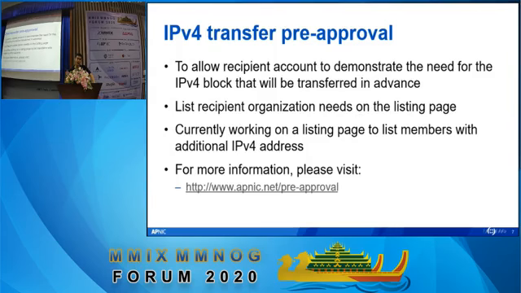So anyone who has additional IPv4 addresses and is willing to transfer to your organization will come to this page and they can then contact you. They actually contact APNIC, and we can then pass on their contact details to you, and then it's up to you as a recipient account to talk to the source account. So this is one of the services to facilitate the transfers.